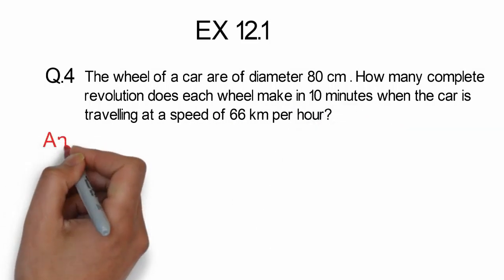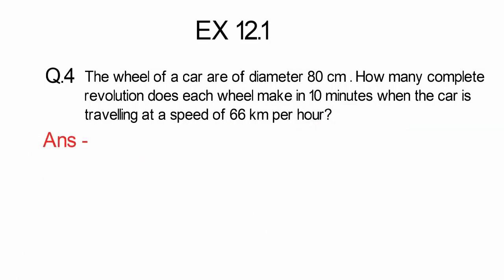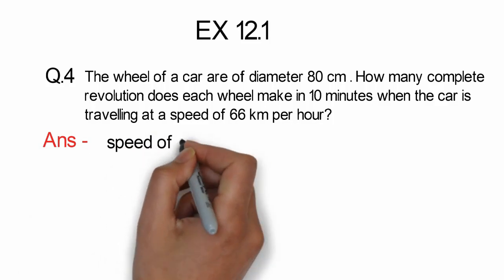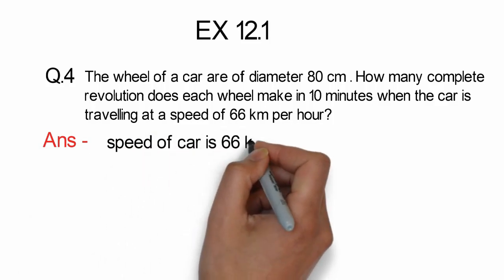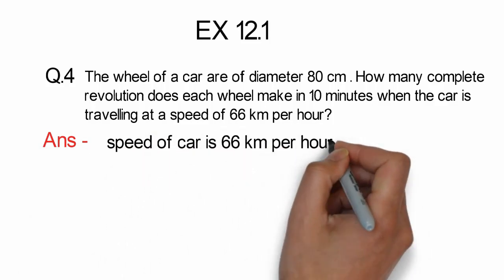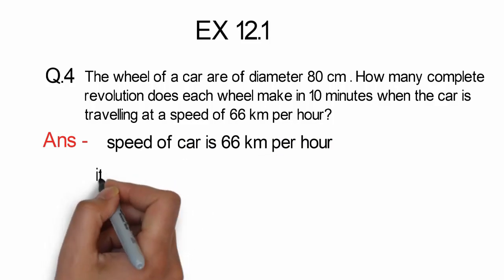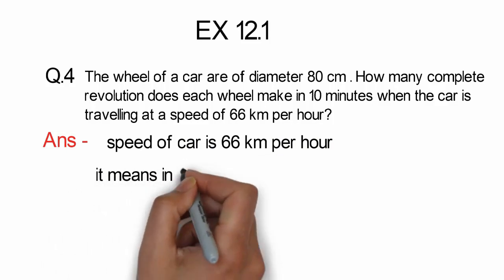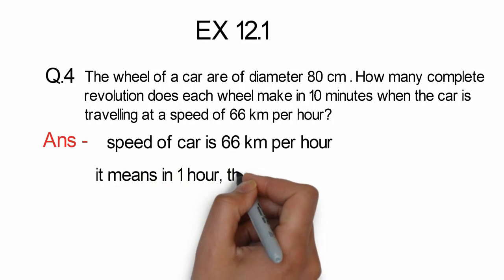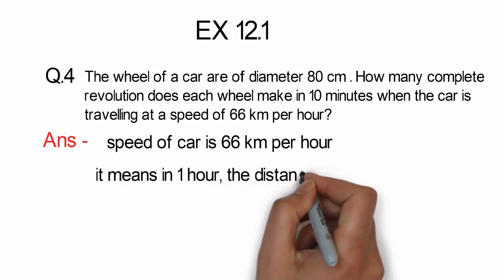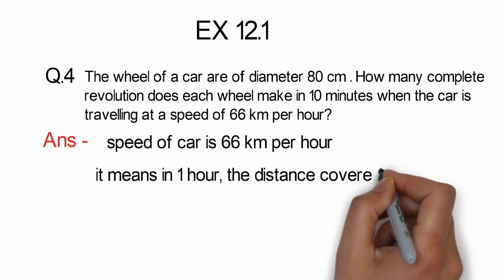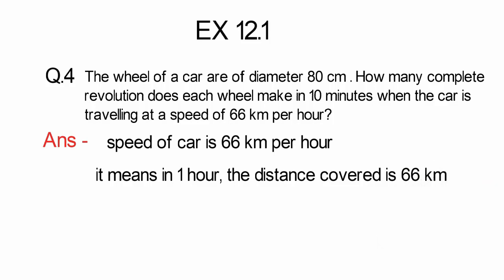First of all, it is given that the speed of the car is 66 kilometers per hour. So this statement means in 1 hour the distance covered is 66 kilometers. We know that 1 hour has 60 minutes.